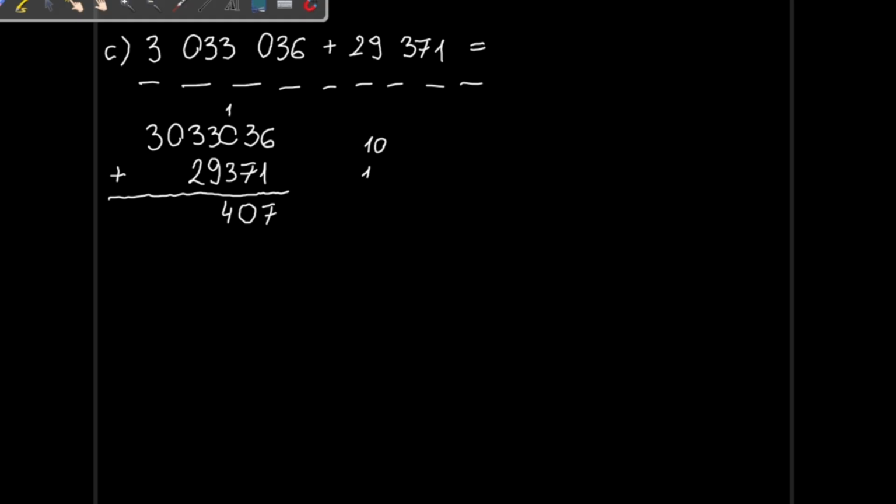plus 3, which is 12. We write a 2 here and 1 in the next column. 2 plus 3 plus 1 is 6. And then we have 0 plus 0, which is 0, and 0 plus 3, which is 3, and that's our result here.